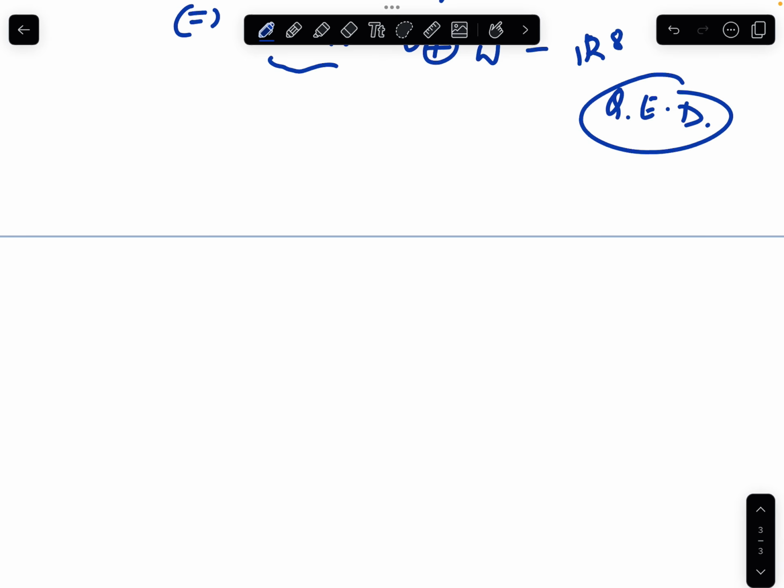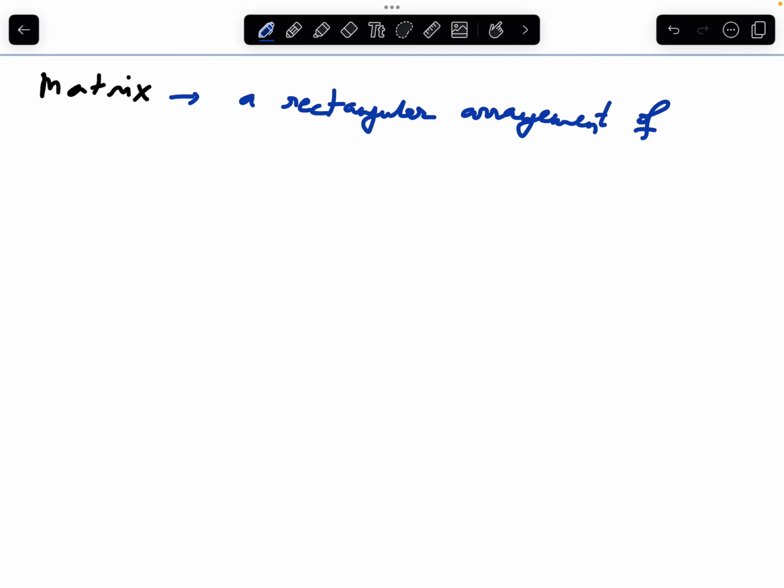Okay. Now let's move on to matrices. So what is a matrix? You already know what a matrix is. It's nothing but a rectangular arrangement of numbers, right? Like for example, 1, 2, 3, 4, 5, 2. It's a matrix.